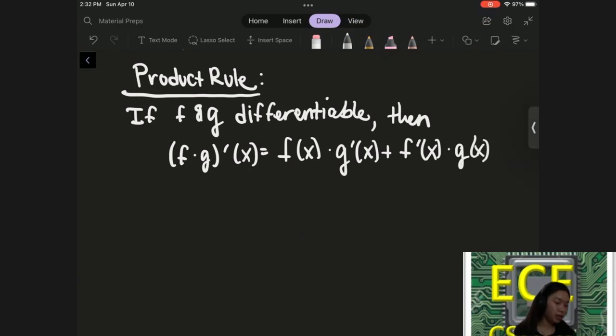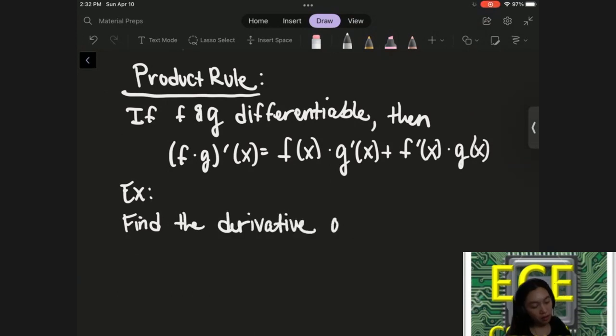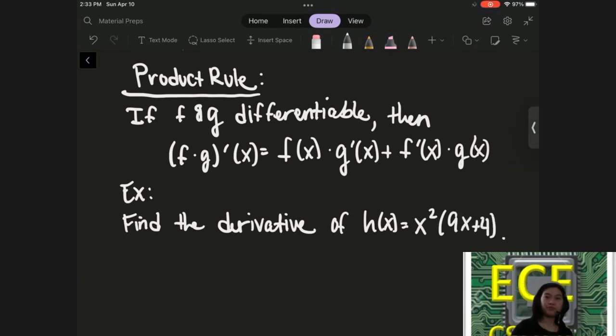Right, let's do an example. Let's find the derivative of h of x equals x squared times 9x plus 4. Okay.